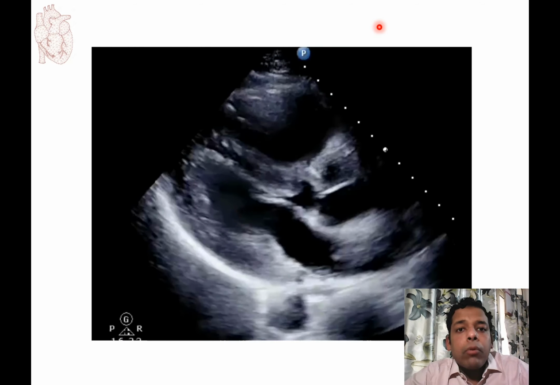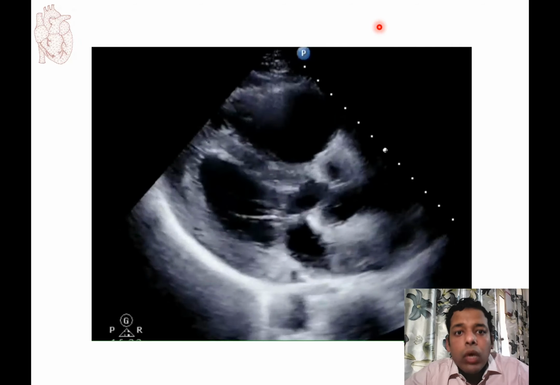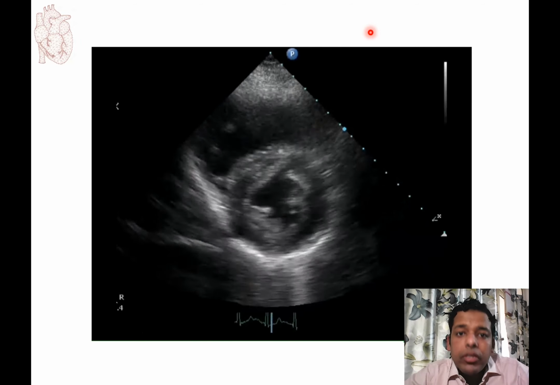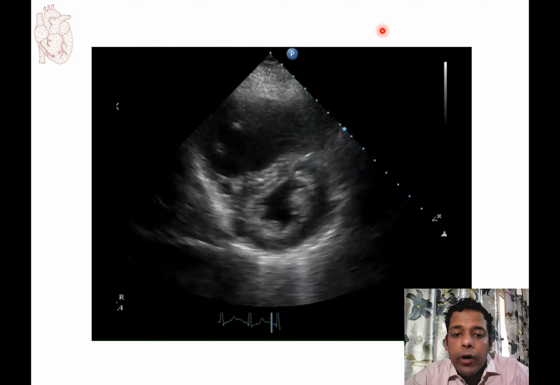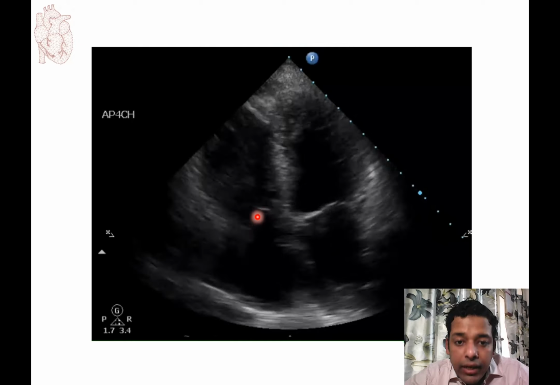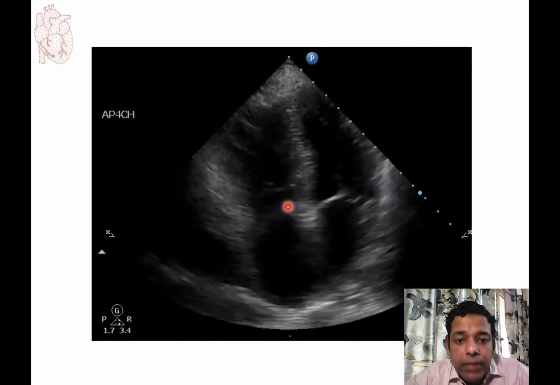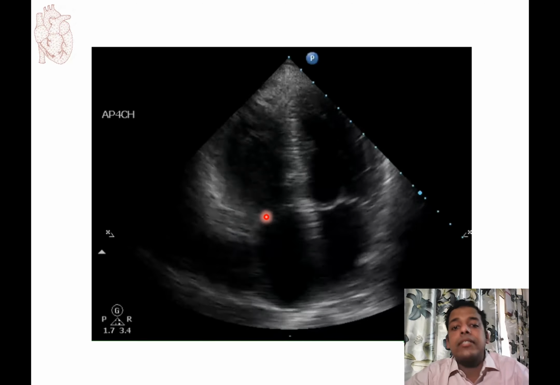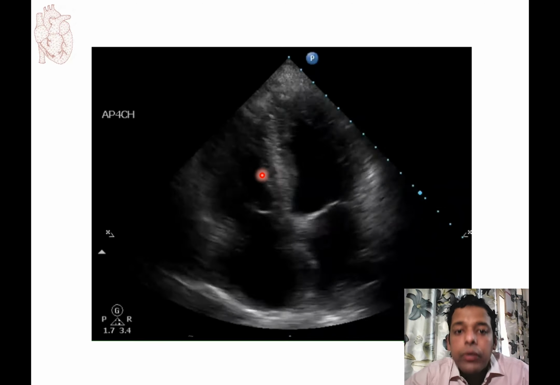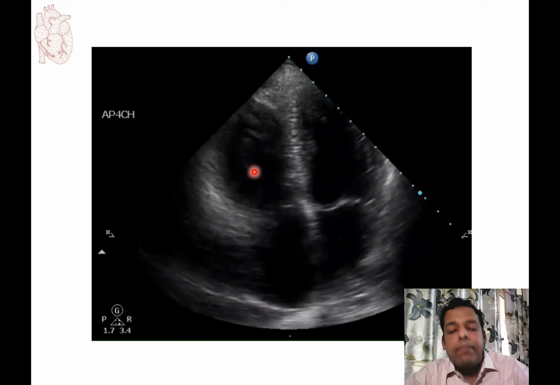An additional approach to right ventricular systolic function involves the quantitative assessment of the tricuspid valve annular motion during systole, or the TAPSE, that is the tricuspid annular plane systolic excursion, the distance that this plane would move during systole towards the apex.